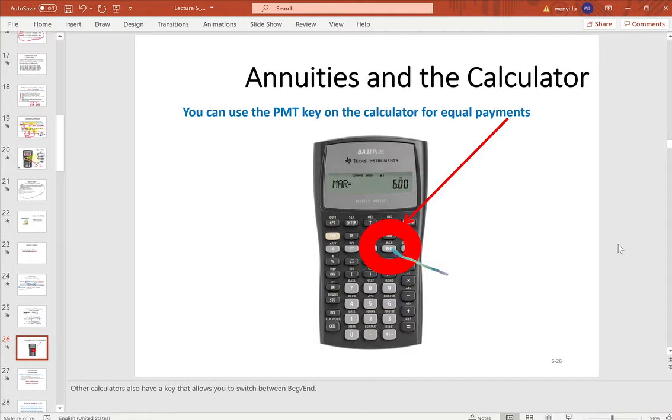You can see the payment, the PMT. This key is designed for the payment for the annuity. So we will use this one frequently in this lecture to show how to solve the annuity.